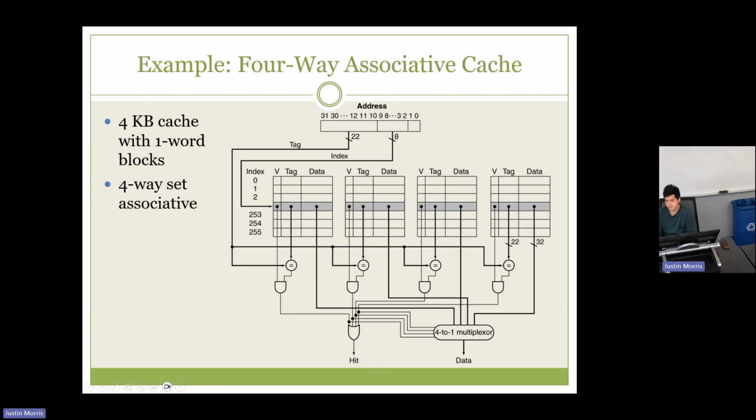So 4 kilobytes, 2 to the what? And then divide by, what's our block size? So 2 to the 5th. So just 4 bytes, right? 4 bytes.